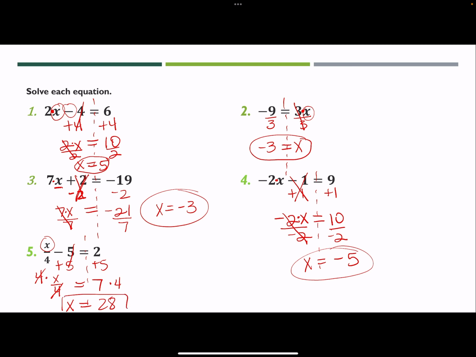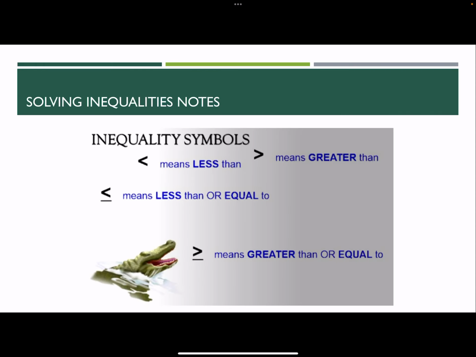All right, so that was my quick review of solving equations. We're going to start talking about inequalities. So we have 4 inequality symbols. This one here means greater than. This one here means less than.